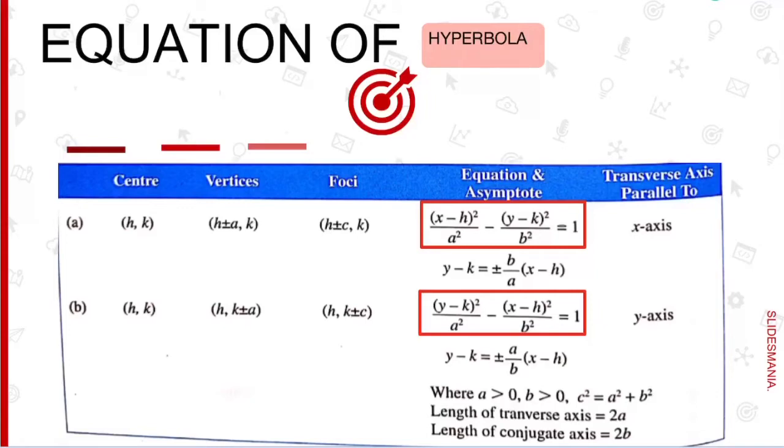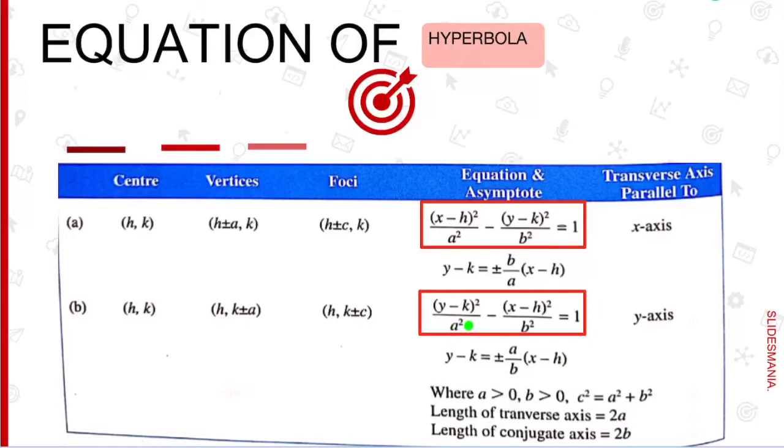Next, let us see the equation of a hyperbola with transverse axis parallel to the y-axis. Since the transverse axis is parallel to the y-axis, (y minus k) squared should be your first term, while your second term is (x minus h) squared. How about the denominator?